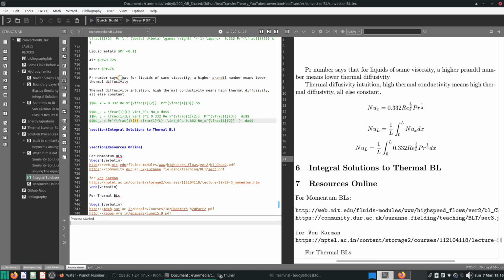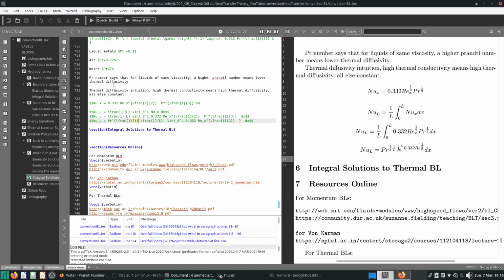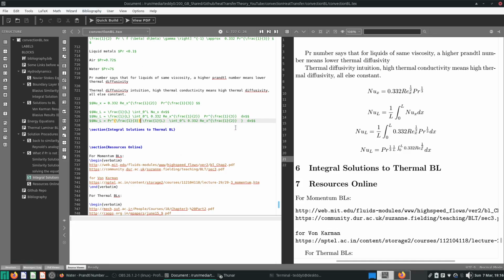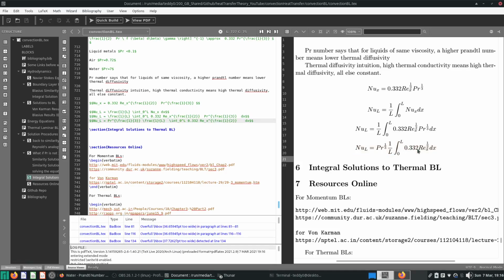And we will get the same thing we did before for our Reynolds analogy. If we do this, it actually just becomes 0.664.